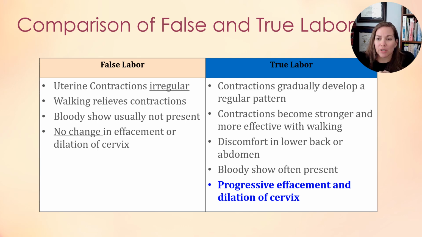True labor contractions are often felt in the lower back or abdomen. For false labor contractions, that's not a really good one to rule out because somebody could be having back labor, somebody could be feeling pain in their low abdomen, even in Braxton Hicks contractions. But if they're feeling pain from a contraction up toward the top of their abdomen, then that might be a false labor contraction.